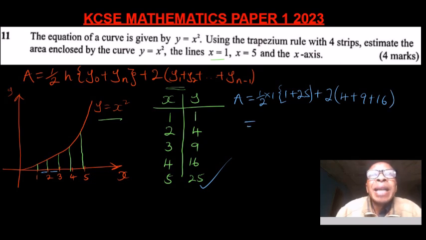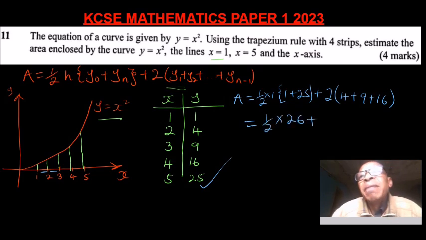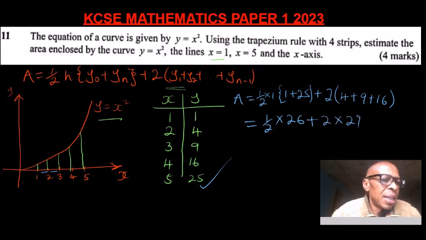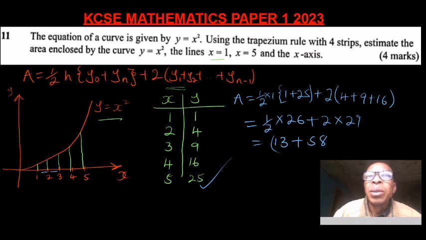So that means this will give us a half multiplied by 26 plus 2 multiplied by 29, because 4 plus 9 is 13, 13 plus 16 is 29. And 29 times 2 will give us 58.